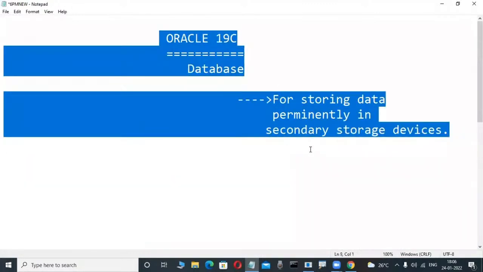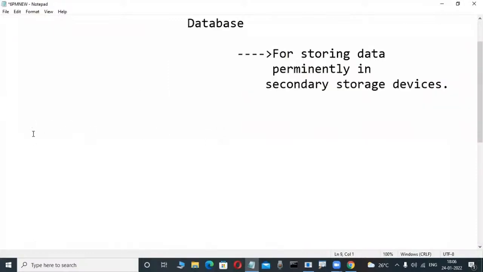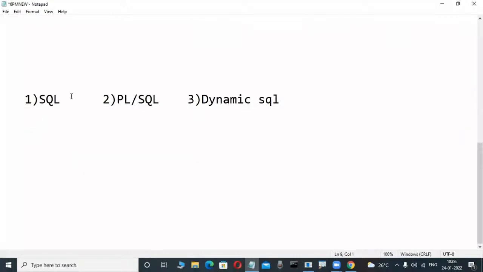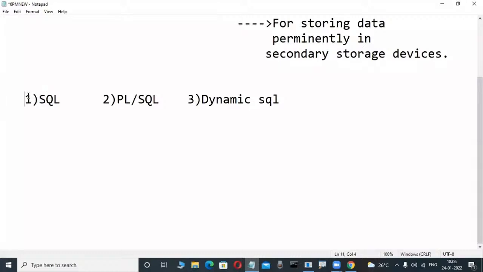What is that? Today I will tell you. Oracle, SQL Server, DB2, Sybase, MySQL, all these databases are implemented based on the relational data model concept. For operating them, we use SQL. But for the Oracle database product, we use three languages: SQL, PL/SQL, and dynamic SQL. Up to this we learned in previous classes.